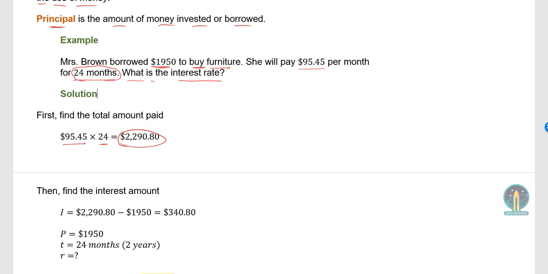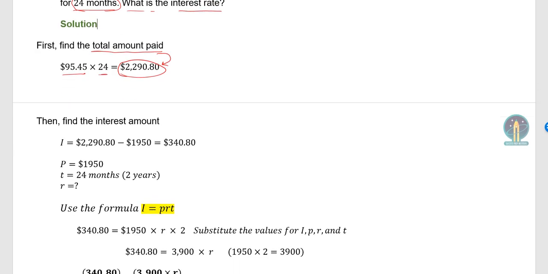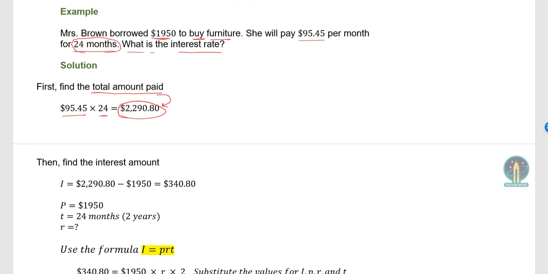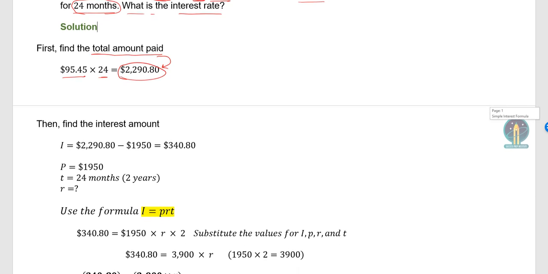This is the total amount paid. Remember, in this problem, we're being asked to find the interest rate. So first we have to find the interest amount, the dollar amount, and then find out what percentage of the total paid is that interest amount, which gives us the interest rate.